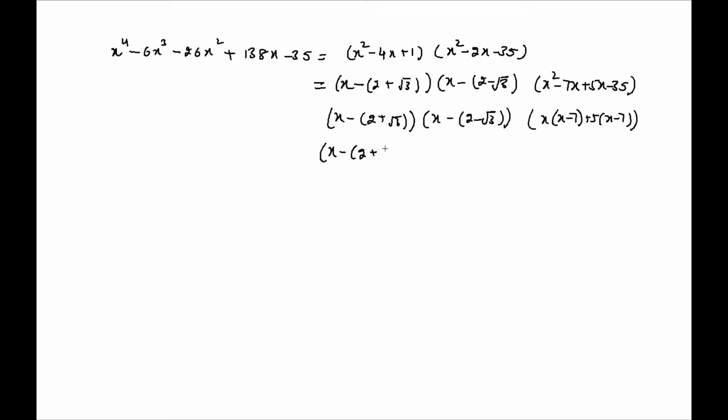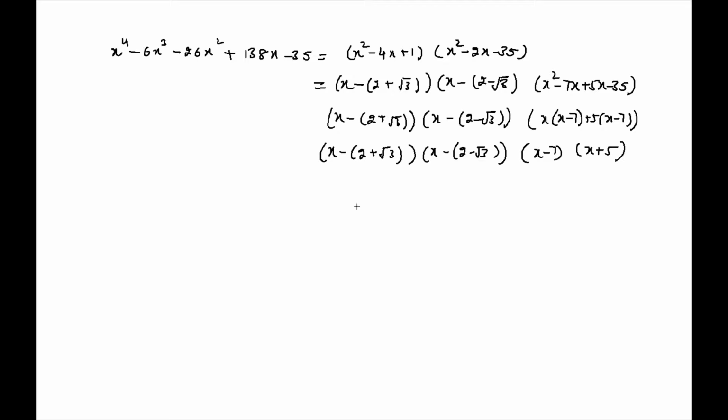Split the middle term in the second bracket. So that will be −7x + 5x. So write x² − 7x + 5x − 35. Again first two terms as it is, you will have x common, x(x − 7) + 5(x − 7). Then x − 7 common and x + 5. So you have 4 brackets.